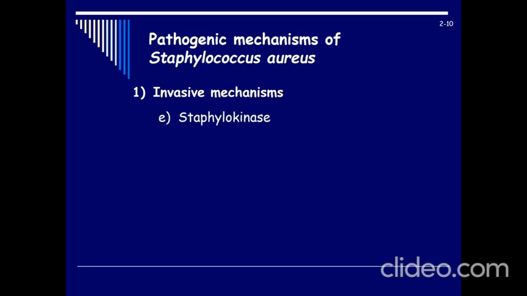Staphylokinase acts as the antagonist to coagulase in some ways. It's just another way that staph can be awesome at being terrible, is the best way I can put it. But what staphylokinase does is it dissolves the fibrin strands. So remember coagulase, we create this wall.